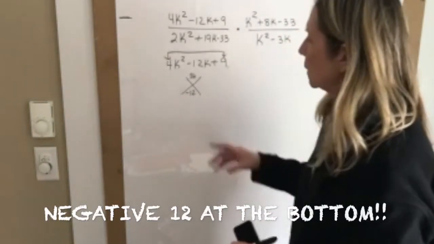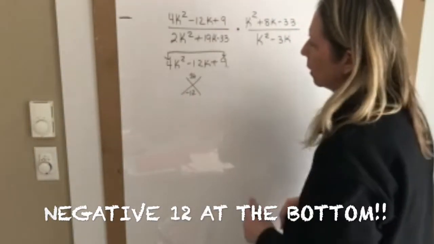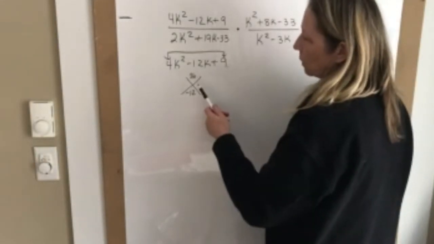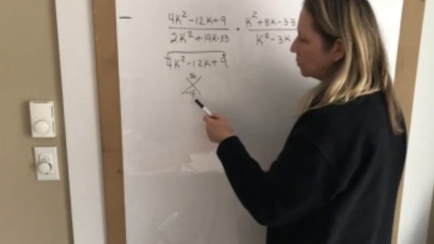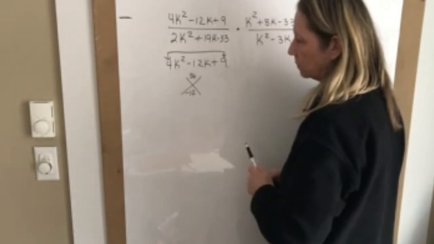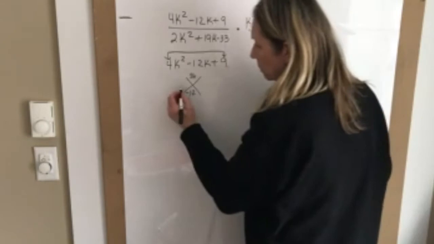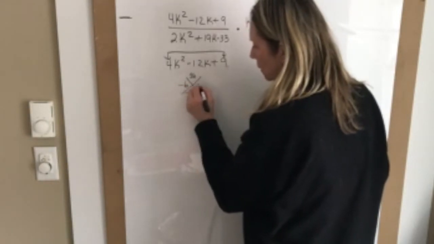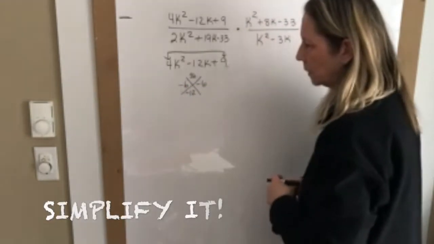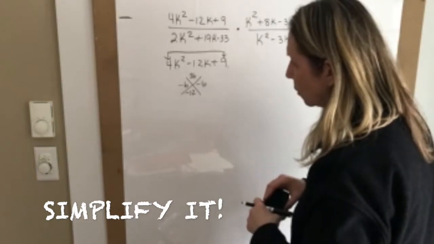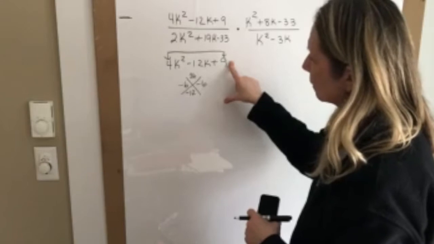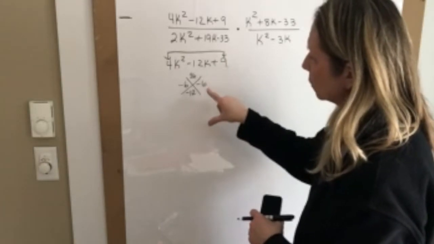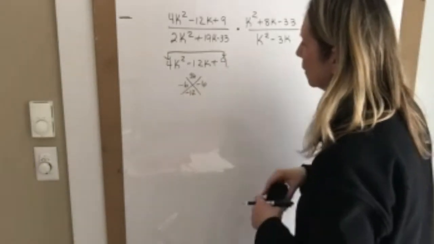Now what we're trying to do, we've just seen this in a form. We want two numbers which when we multiply them together give me 36, and when we add them together give me negative 12. The two that come to mind for me are negative 6 and negative 6. What we're going to now do is simply rewrite this in a different form using the negative 6 and the negative 6.